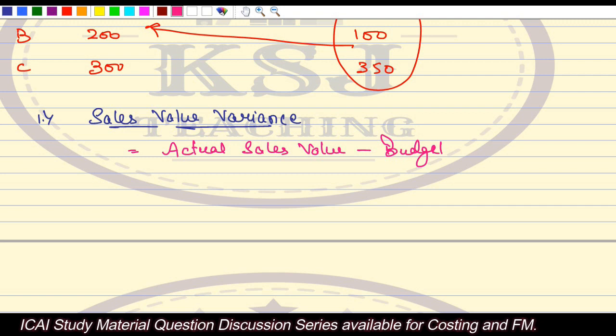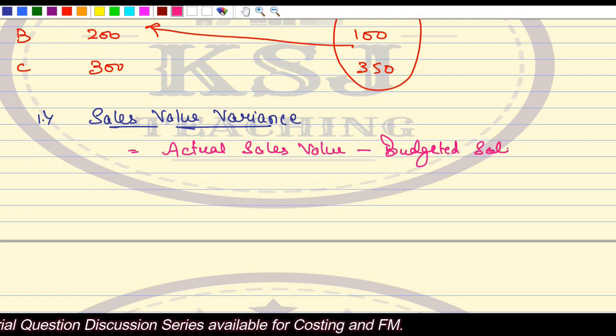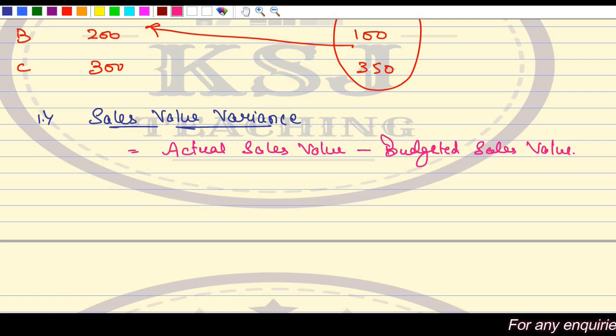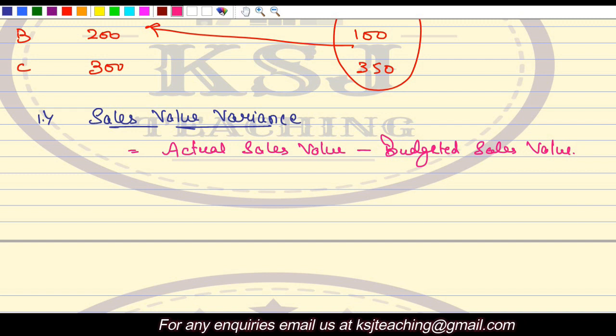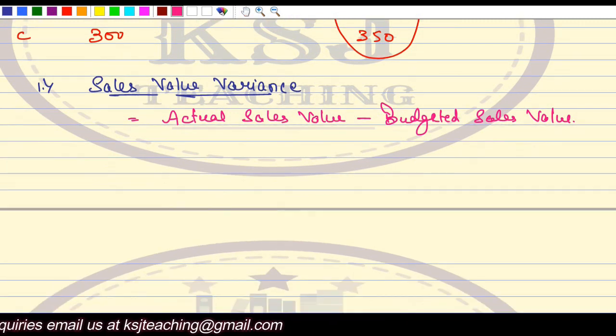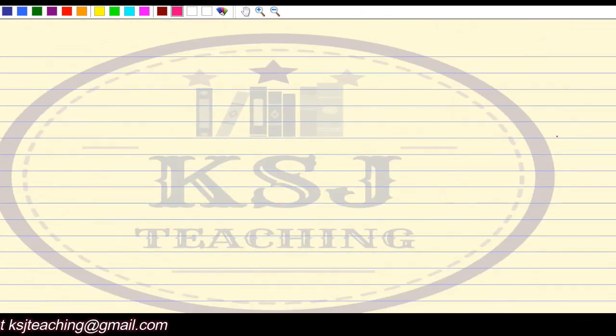Budgeted or the standard sales value, one and the same thing. It will always be beneficial if your actual sales are more than the budgeted sales. You will get more income, right? So we will keep the actual figures first and then the budgeted or the standard figures, because it is always beneficial if the actuals are more than the standards. This is the first one, the sales value variance.